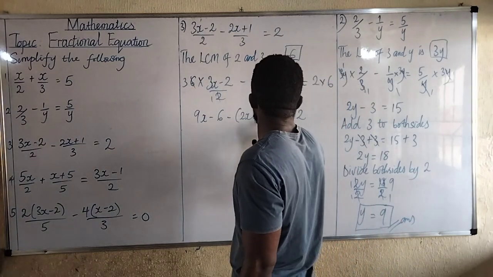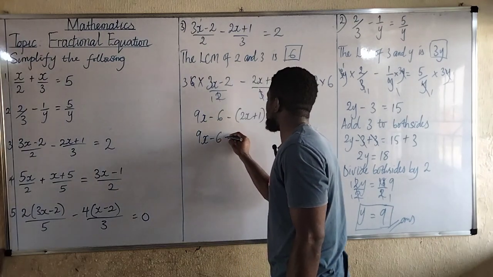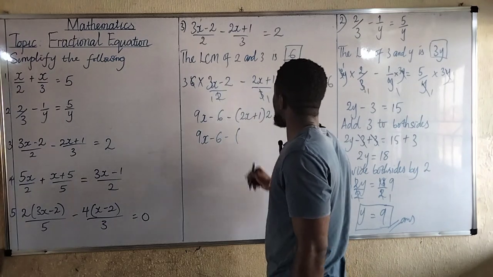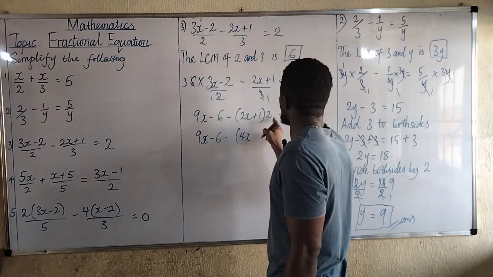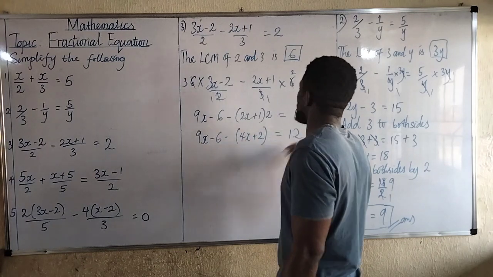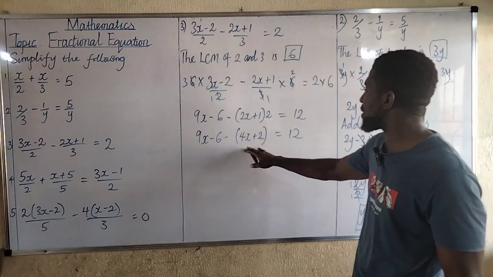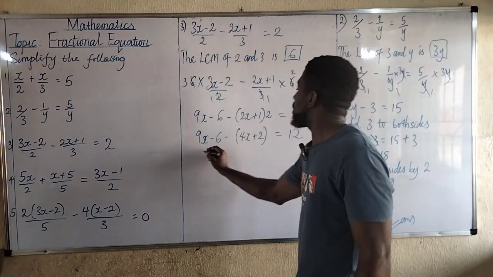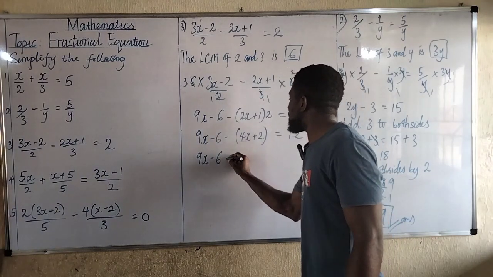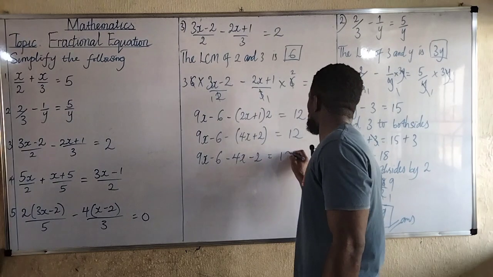Let us write it down: 9x - 6 - (4x + 2) = 12. Having reached this far, I will open up this bracket using the negative 1. So I'll have 9x - 6 - 4x - 2 = 12.